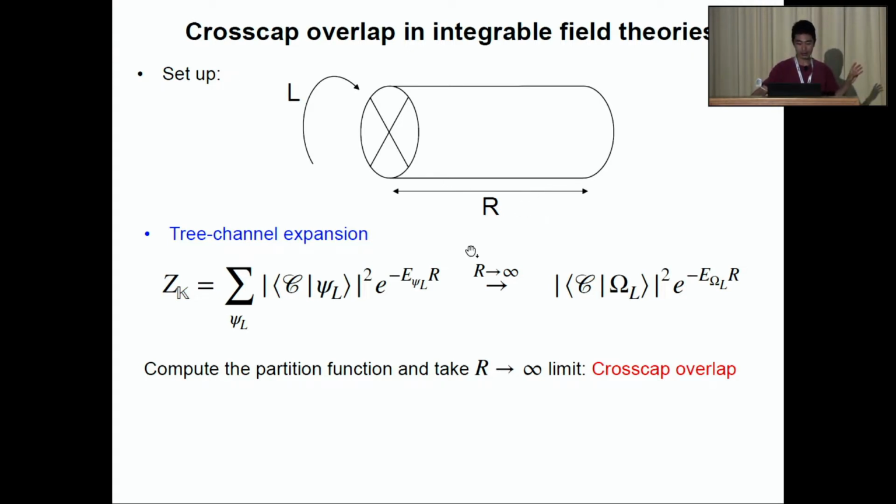If you do this expansion, you get the overlap between the crosscap and the energy eigenstate squared, and then a propagation factor coming from the propagation over distance R. If you take the limit where R goes to infinity, the sum projects onto the contribution from the ground state, because the ground state dominates the answer. So if you compute the partition function of the Klein bottle and take the R to infinity limit, you can read off the crosscap overlap as the prefactor.